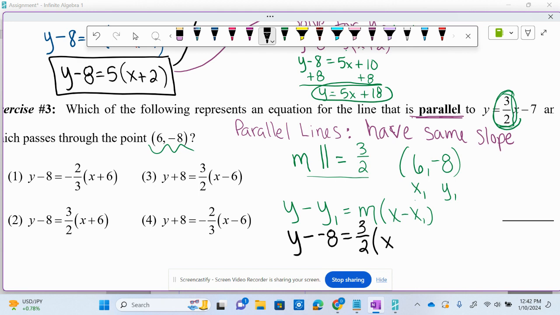Times the quantity x minus, Brandon, tell me what to put for x sub 1. 6. Okay, what looks weird in that equation? Yeah, that double negative. What can we do with that? Turn it into a great big plus. So what multiple choice answer matches that? Answer choice 3.